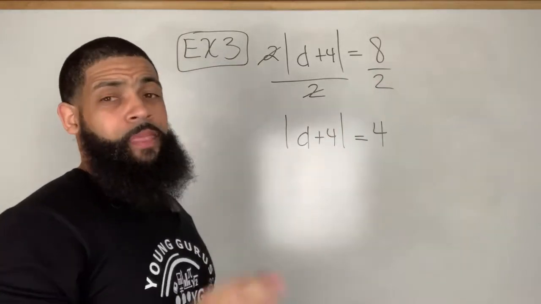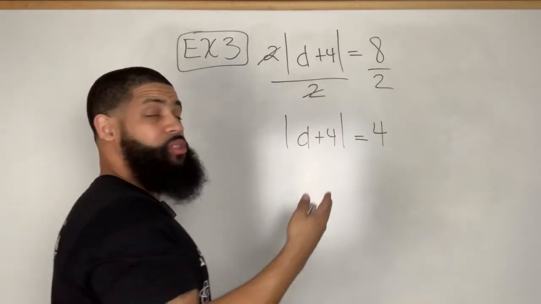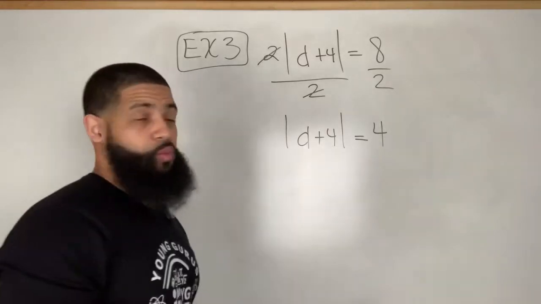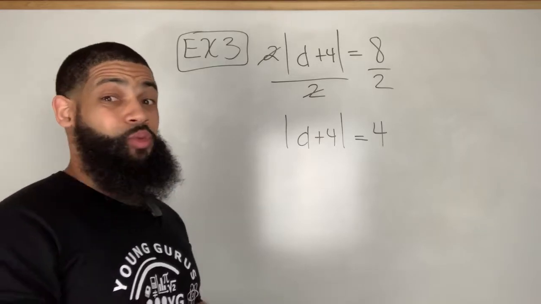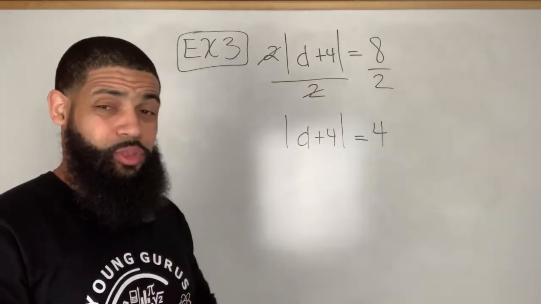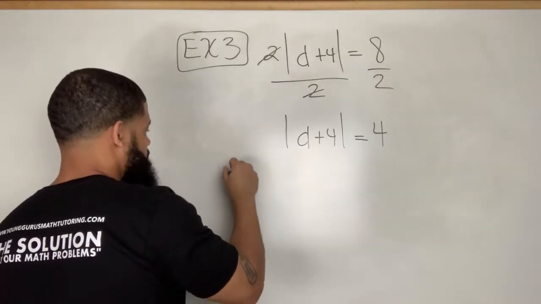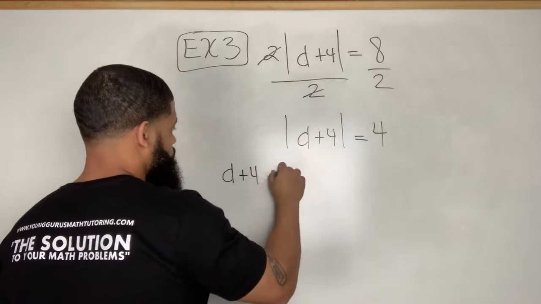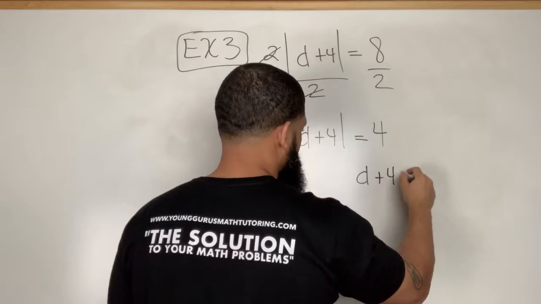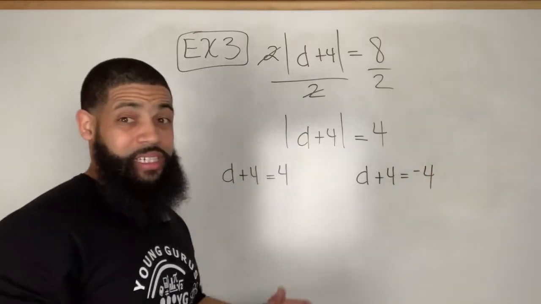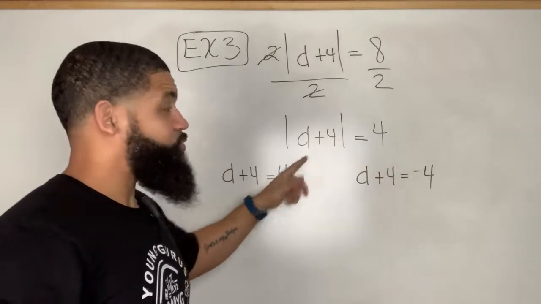Now, watch this. This is where it gets tricky, because if the absolute value of some number plus 4 is equal to 4, then what's in the absolute value symbol can be equal to -4 or +4. So we need to break this into two equations. I'm going to say d plus 4 is equal to 4, and d plus 4 is also equal to -4, because the absolute value of -4 is equal to 4, and the absolute value of 4 is equal to 4.